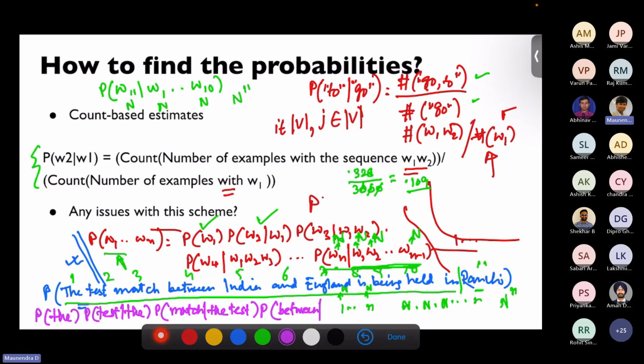So we are using a trigram model: before "between", at most we'll have two previous words, test match. Then for India, the probability of India given "match between". We will not go beyond that. And like that till we reach Ranchi, but for Ranchi also only the previous two words will be held. So like that we find the probability, and that we report as the probability of this sentence. Okay, any questions here?